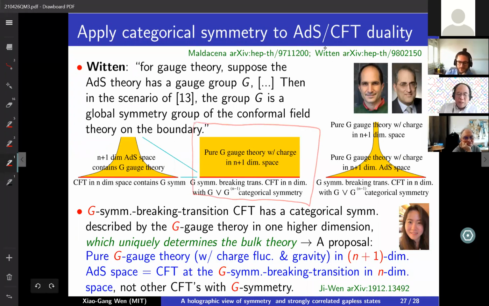We have a G symmetry breaking transition CFT in n dimensions, and we say this can be viewed as a gapless boundary of a gapped state in n+1 dimensions. This gapped state is a pure gauge theory. A pure gauge theory in n+1 dimensions has a gapless boundary, which is a G symmetry breaking transition CFT.